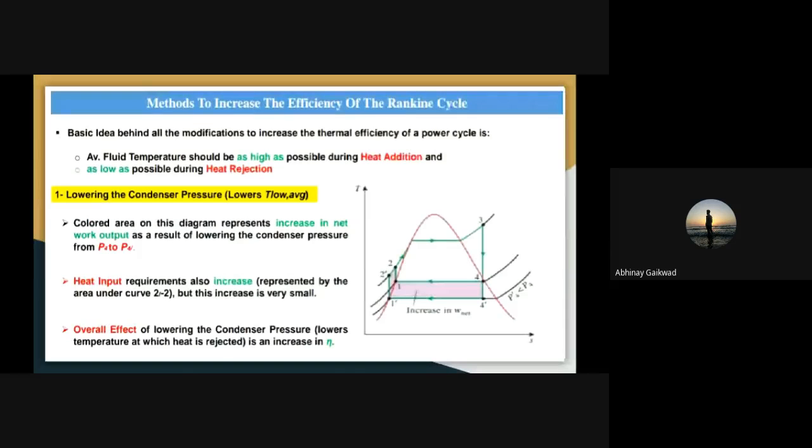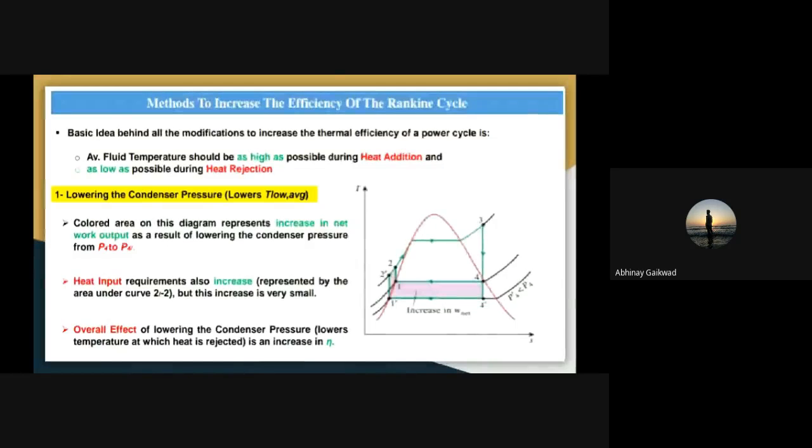Because even a 1% increase in efficiency is helpful for us, since all the steam power plants in the world generate electric power. So a small percentage increase in efficiency also increases the electric power generation, and it may also save fuel. Therefore, we have to make efforts to improve the efficiency of the cycle.